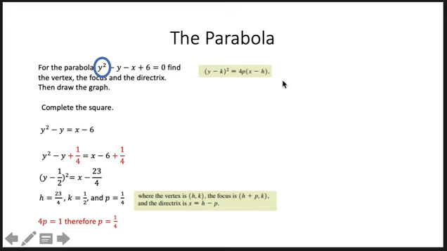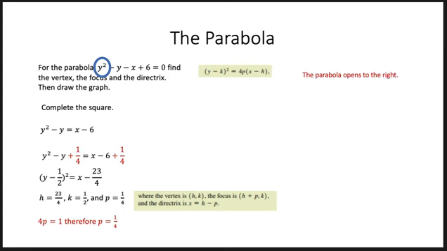That means it's either up or to the right. And since it's y squared, it's to the right. I hope you're catching on to that. You always want to have a visual of what this parabola looks like. It's facing to the right. We knew that because it was a y squared. Left or right if it's y squared, to the right if p is positive.